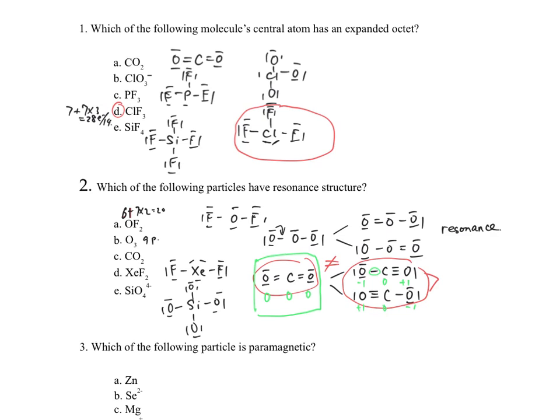Based on all that, at least for the material that we taught in this class, this is not resonance. Because this one is a clear match of the definition that we discussed, and CO2 is not.